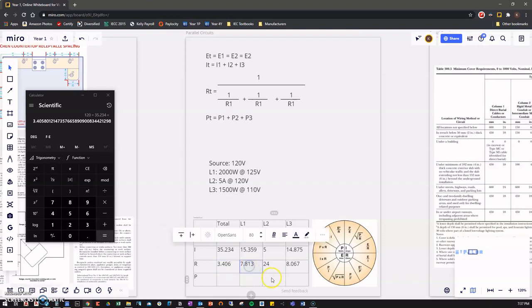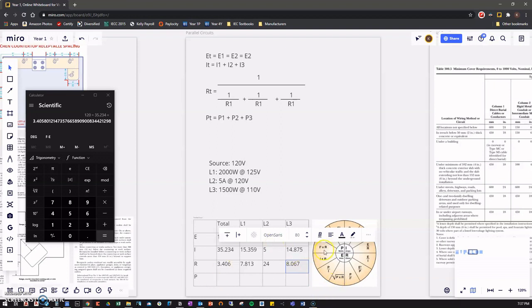Okay, so at this point we can kind of do another check here, right? On a parallel circuit, it almost seems counterintuitive, but your total resistance always should be the lowest value. Reason being, each one of these resistors lets a little bit of electricity through. Combine them all together, and they let more through than any one would individually. Remember, resistance is opposition to current flow.